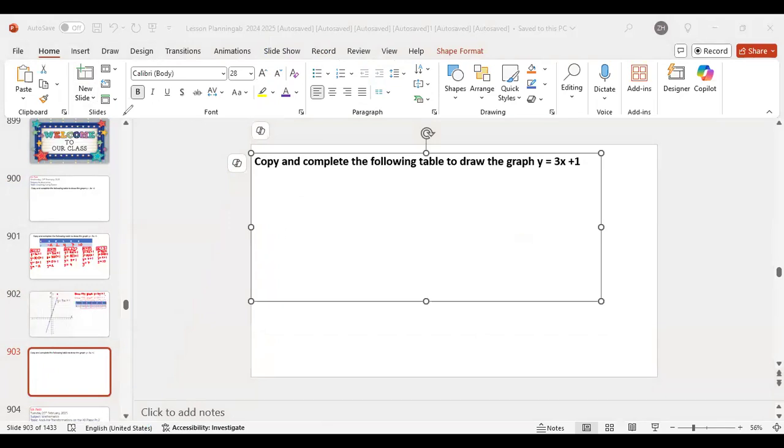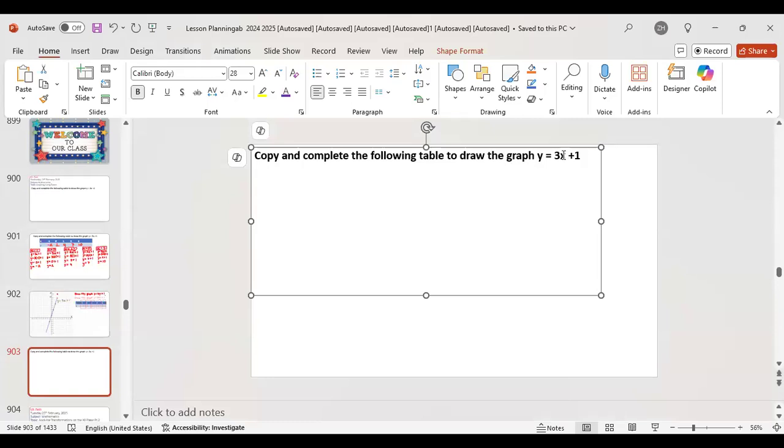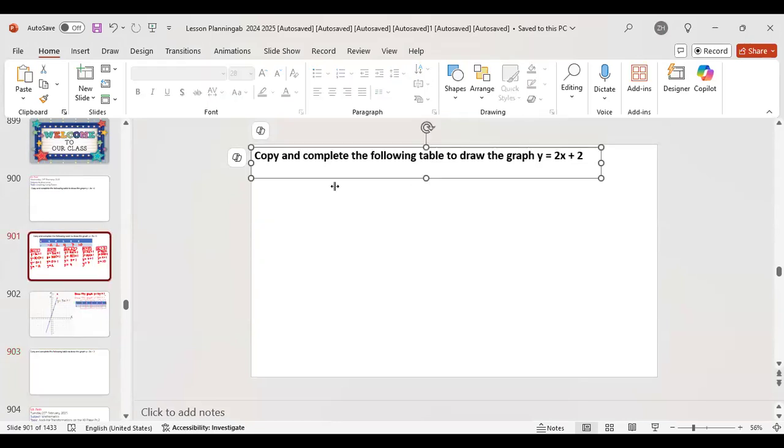Let's say y is equal to 2x plus 2. Yeah, let's do that. So copy and complete the following table for the graph y equals 2x plus 2.